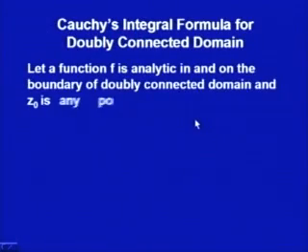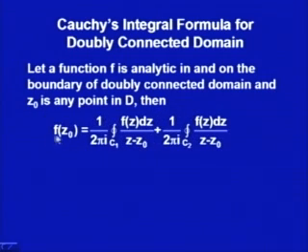Let a function f be analytic in and on the boundary of a doubly connected domain and z naught be any point in D. So, we have a doubly connected domain D and my function is analytic throughout that domain D including the boundary, and z naught is an interior point of the domain D. Then we say f of z naught is 1 upon 2 pi i integral along the boundary C1. You see that is because we are talking about the doubly connected domain. So, we will have two boundaries.